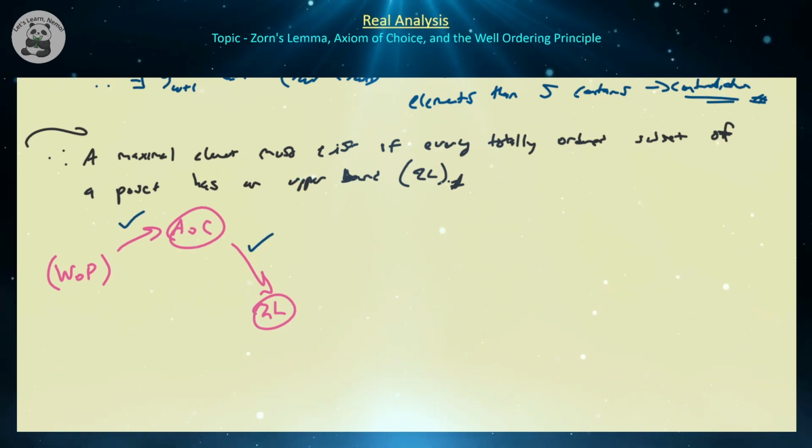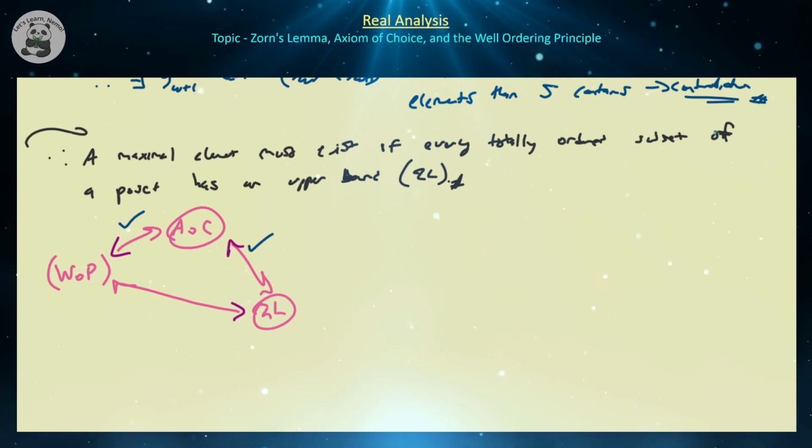Now keep in mind, if these are equivalent, you could also show that axiom of choice implies well-ordering principle, and you could also show that Zorn's lemma implies axiom of choice, and that actually would conclude your proof of equivalence between these three statements. Or you could show that Zorn's lemma implies well-ordering principle if you follow our sequence, and that would be perfectly fine, right? And equivalently, if these are equivalent, that means well-ordering principle can be used to prove Zorn's lemma, right?